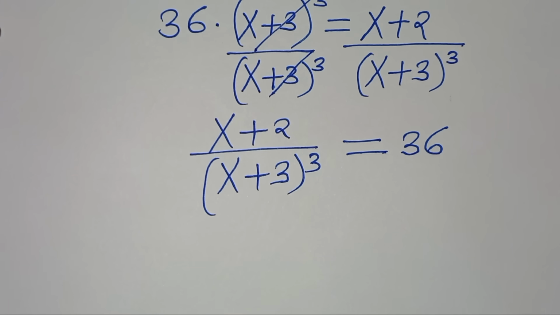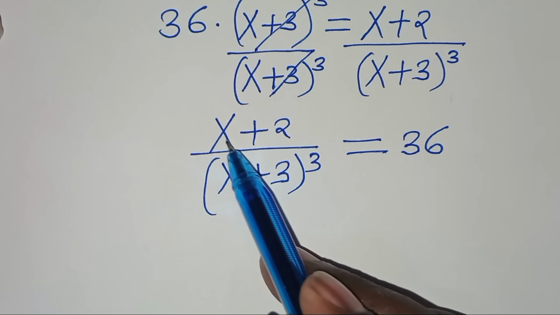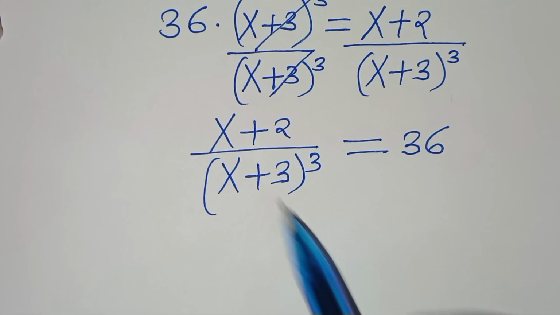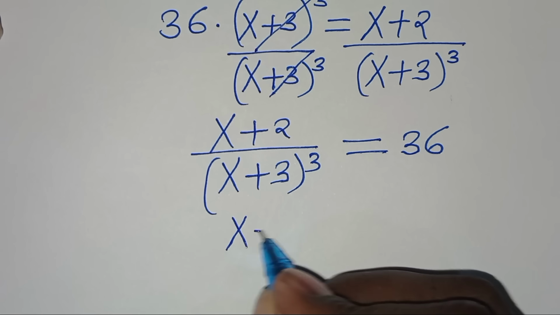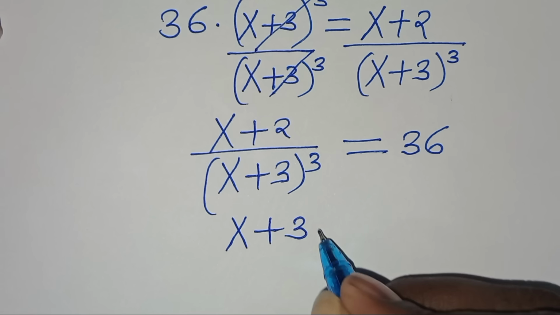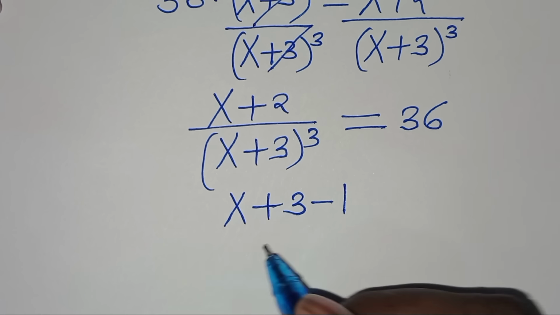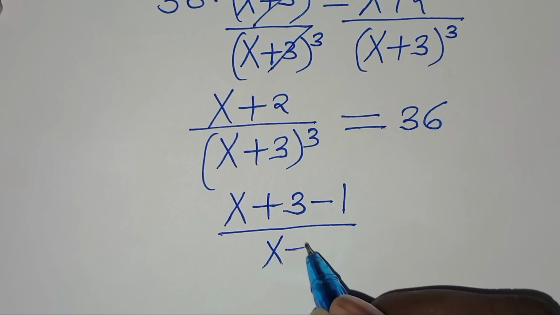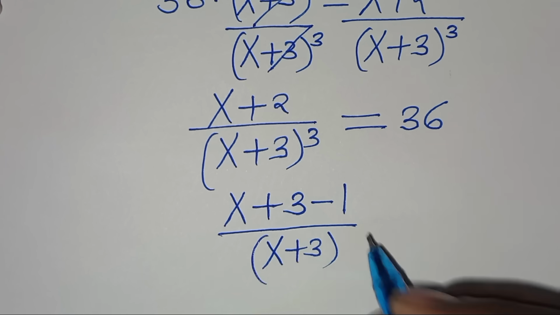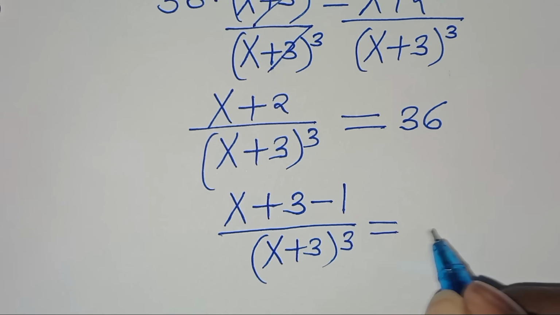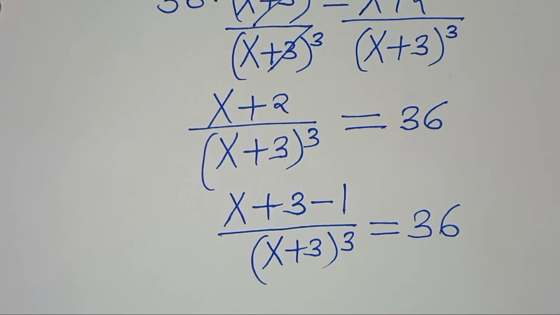Okay. The next step is that we can express x plus 2 as the same thing as x plus 3 subtract 1, divided by (x plus 3) raised to the power of 3, equal to 36.